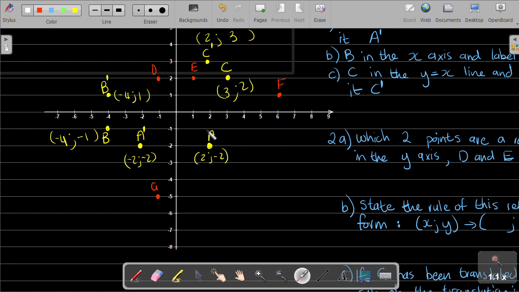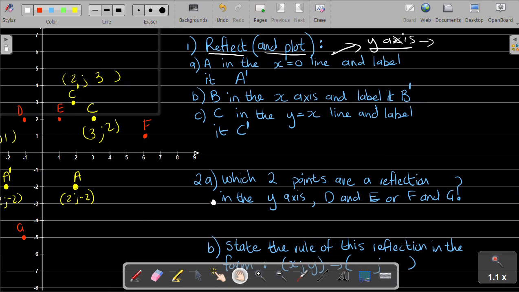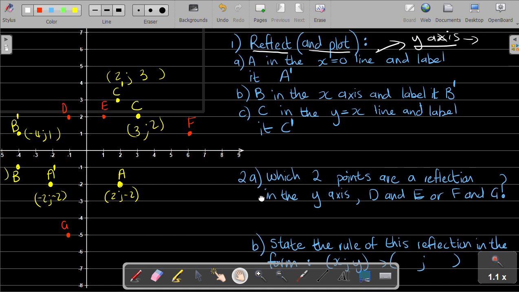From 2 and -2, we go to -2 because my x value changes sign, and my y value stays the same. So then it's -2 and -2. That is how I get A transformed. That is your answer over there. Those would be important marks to get in the test.